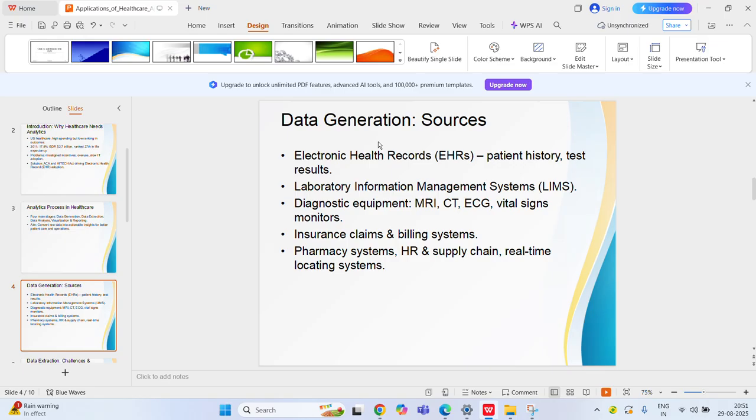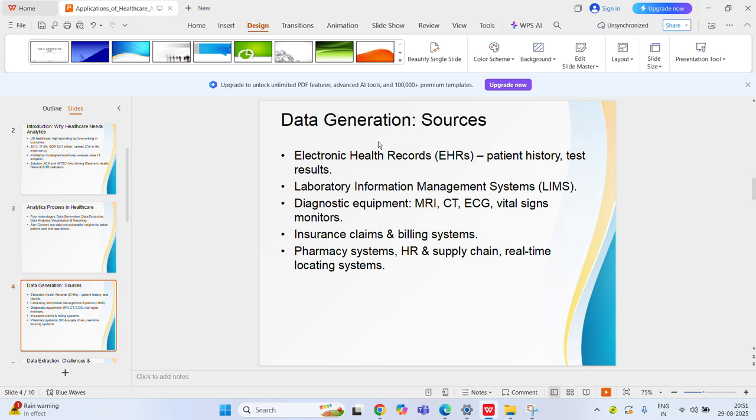Next is insurance claims and billing systems. These systems are used to generate bills for services during each clinic or hospital visit and keep track of what was paid by patients, insurance providers, or other payers. Now, going further, we have human resources and supply chain.